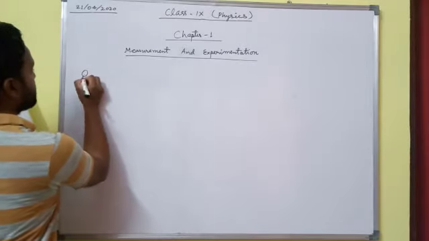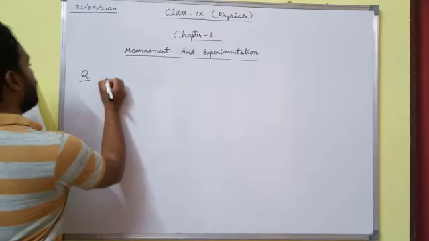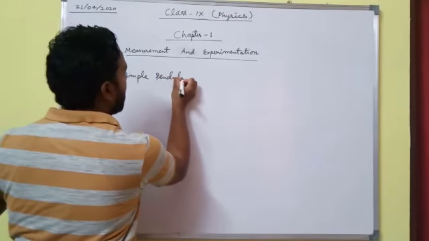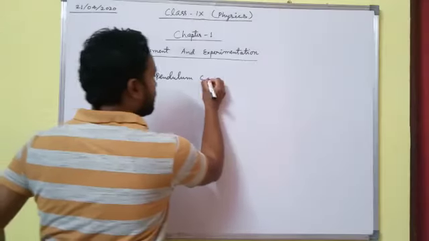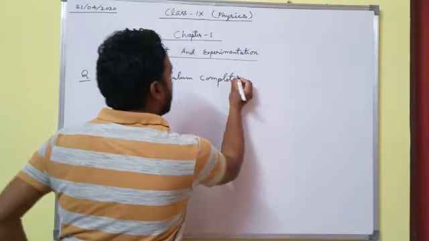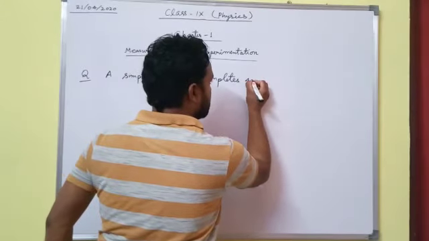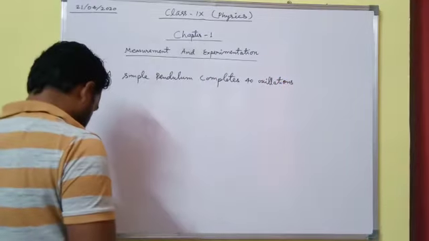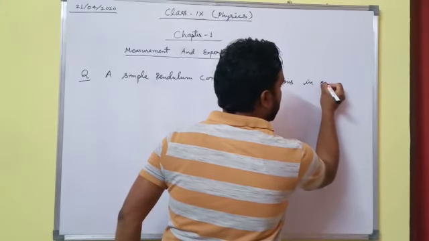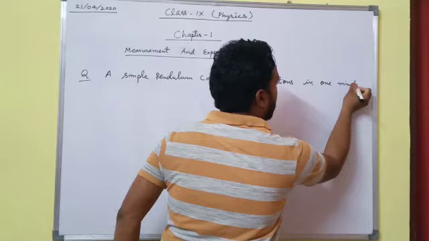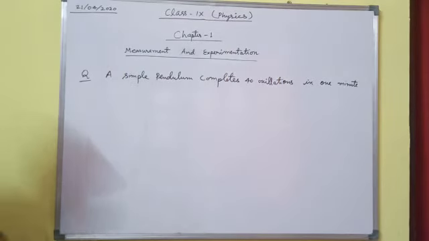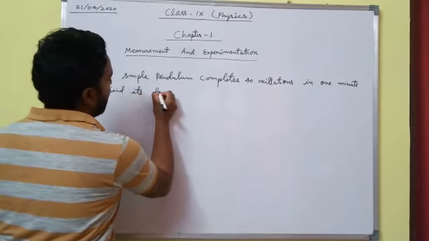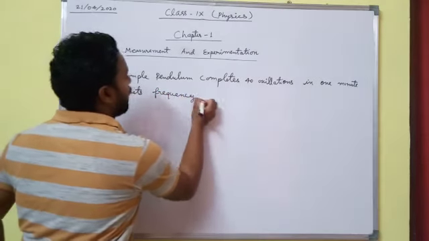The first numerical is: a simple pendulum completes 40 oscillations in 1 minute. Find its frequency and time period.